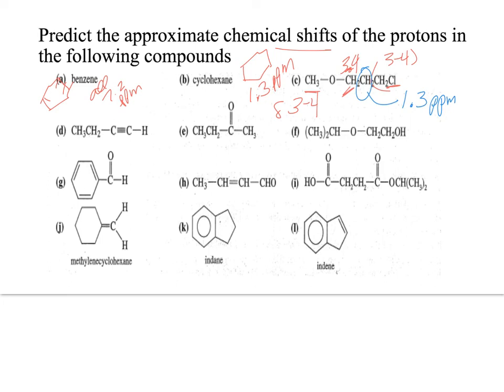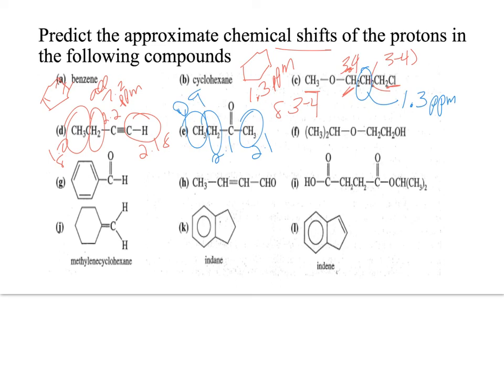Okay, coming here, this one would be about a 2.1 chemical shift. This one would be about a 2.2, and this one would be about a 1.0 chemical shift. This one here, about a 2.1. This is a 2.1. This is a 0.9.